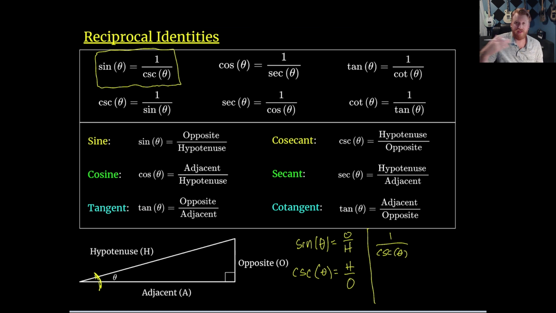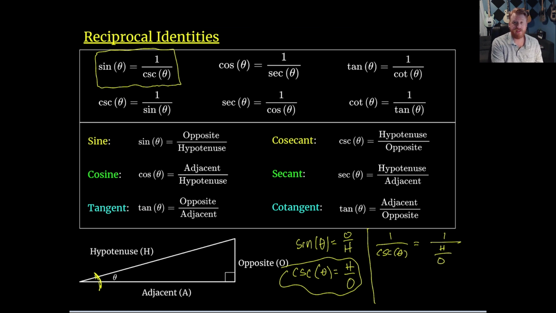And I'm going to show that this is equal to the sine of theta using just some algebra and some other relationships here. But I know that the cosecant of theta can be written as the hypotenuse over the opposite. So I could write this as the length of the hypotenuse over the length of the opposite side.